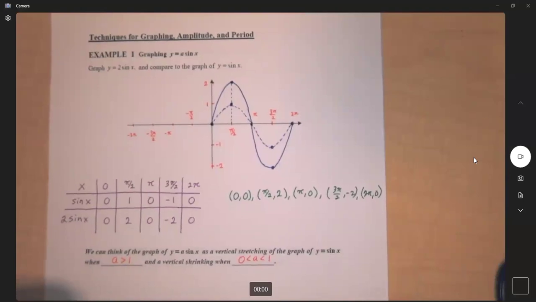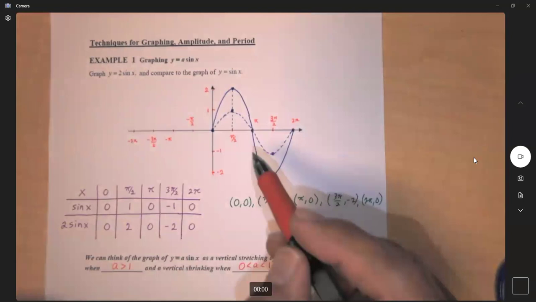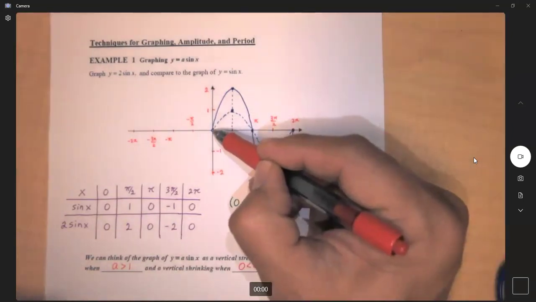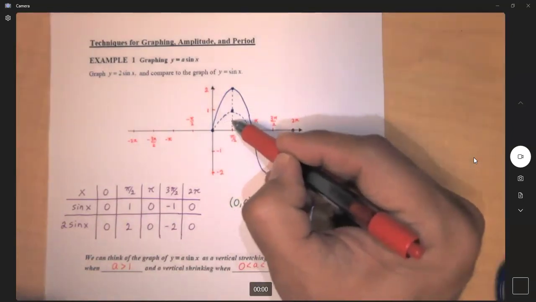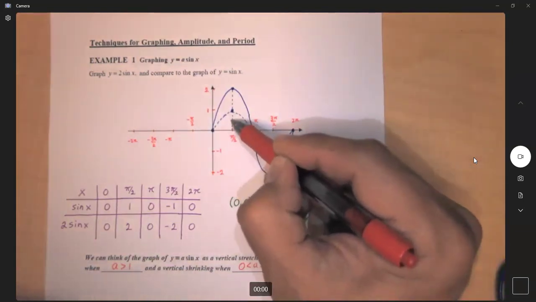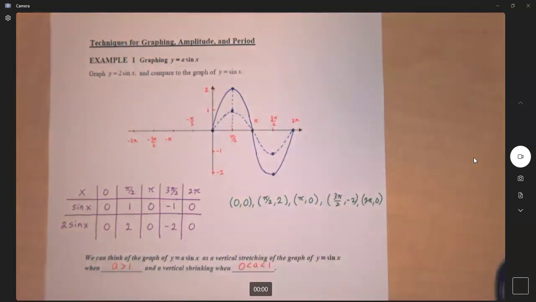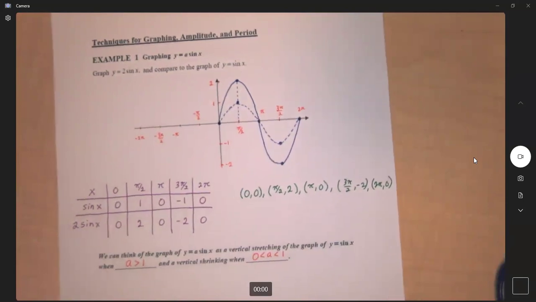Like if instead of that 2, it was 1/2, then our new one would have amplitude of 1/2. So it would be between the original and the x-axis. But that's called vertical stretching, this one. If it had been shrunk down, then it would have been called vertical shrinking.